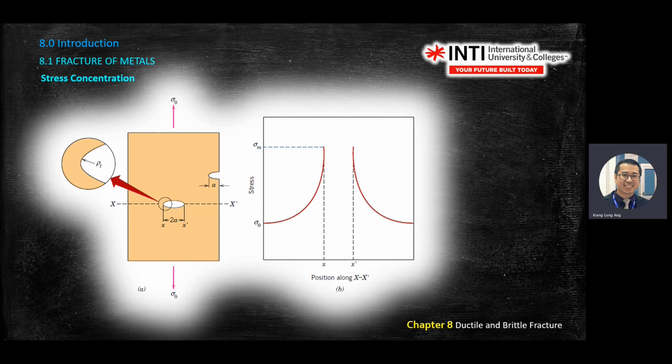One is at the center, one at the side. What is important is the A, the length of the crack. This one is 2A. This 2A will form a circle, or we call it a cavity.